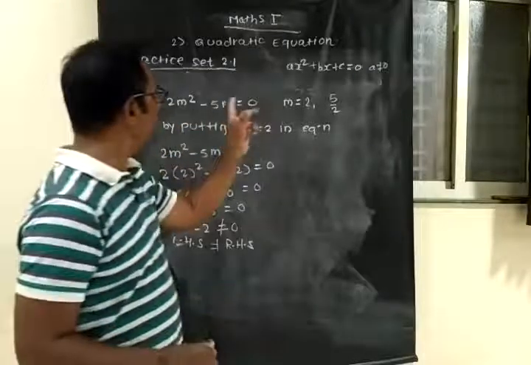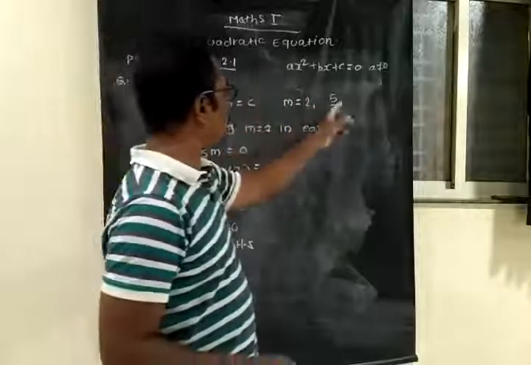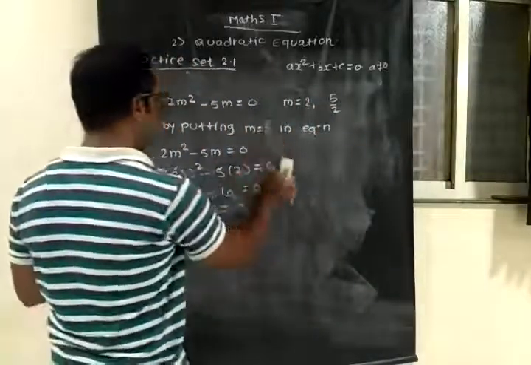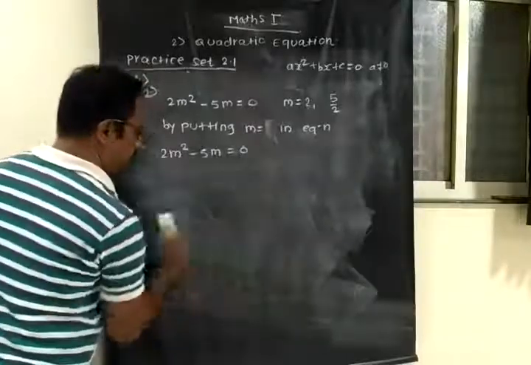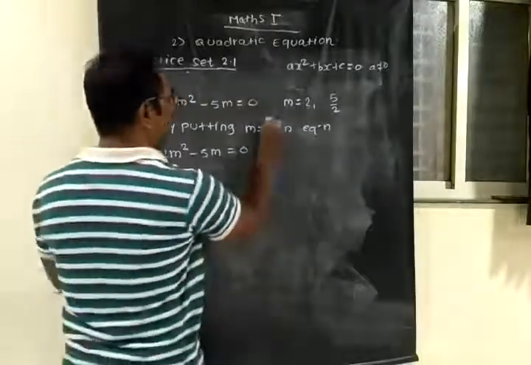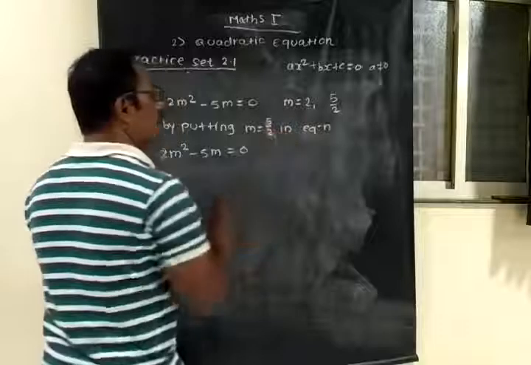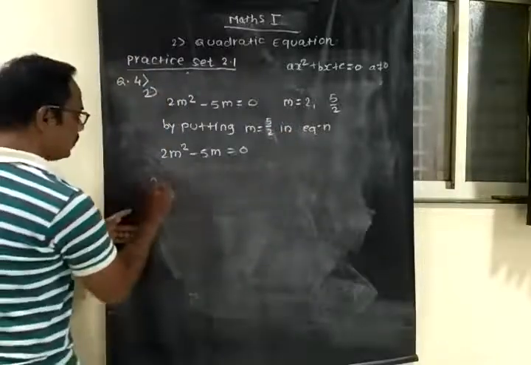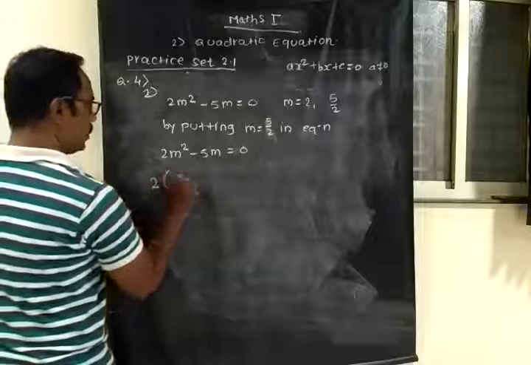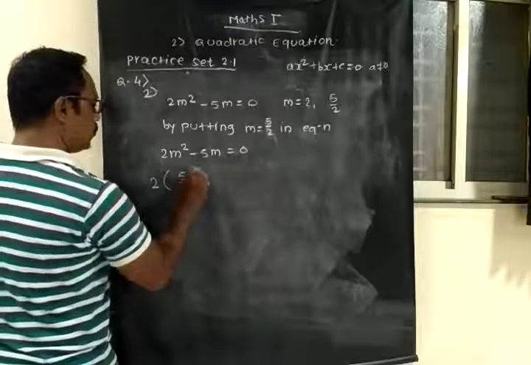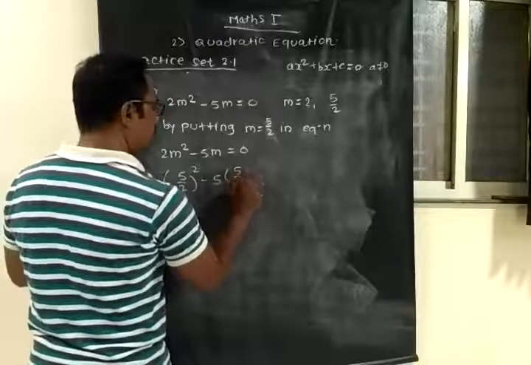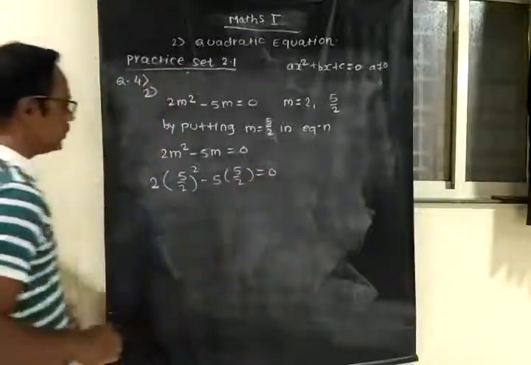Now we will check this equation for the value 5 upon 2. So by putting 5 upon 2 in the equation, it will be: 2 into (5 upon 2) square minus 5 into 5 upon 2 is equal to 0.